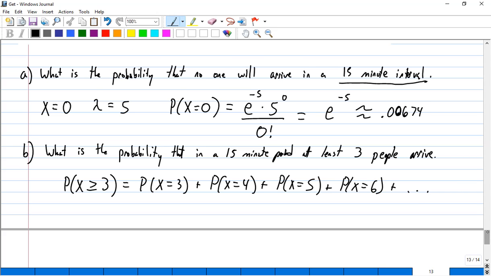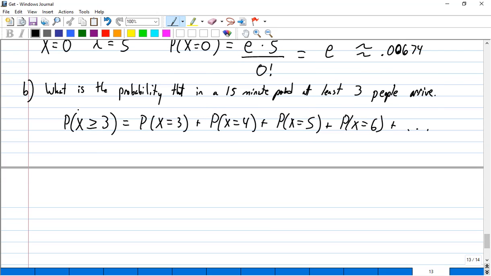We can say that the probability that x is greater than or equal to 3 is equal to 1 minus the probability that x is less than 3.